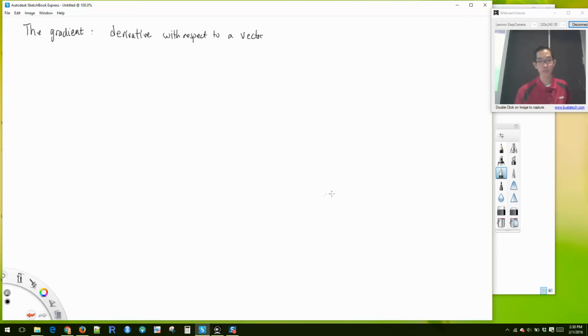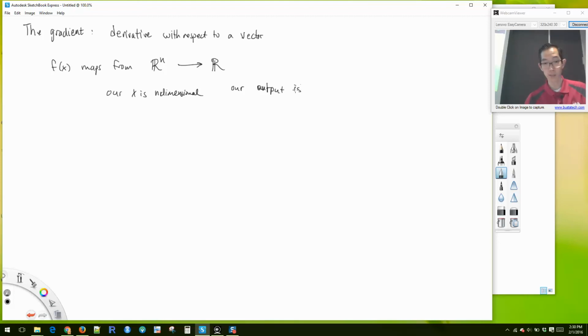Here our function f maps from n-dimensional space to one-dimensional space. So our x is n-dimensional, and then our output is scalar.